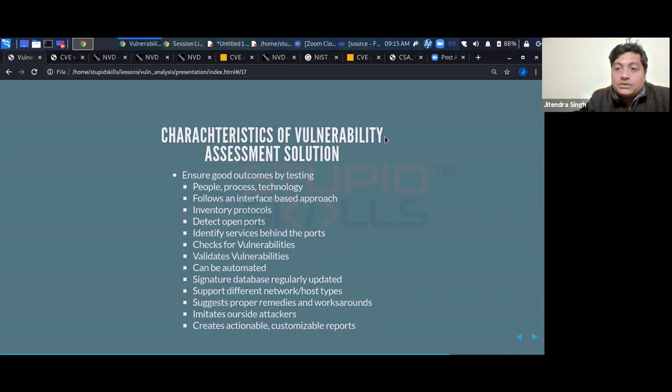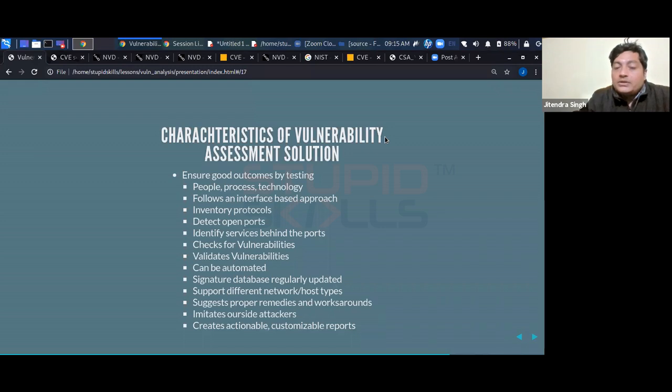Then a solution should provide a proper remedy, and if a particular remedy is not possible at a particular moment, then there should be some suggestion on workarounds. And as part of red teams, you should be able to simulate outside attacks the way an attacker would do.